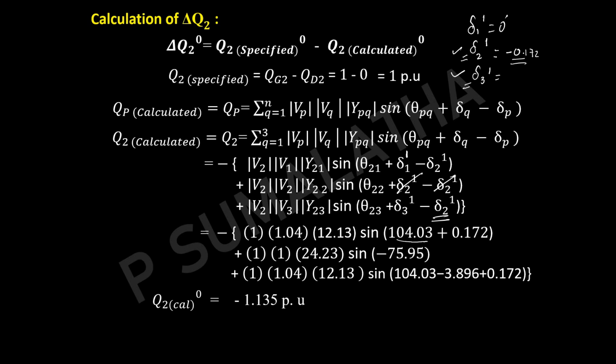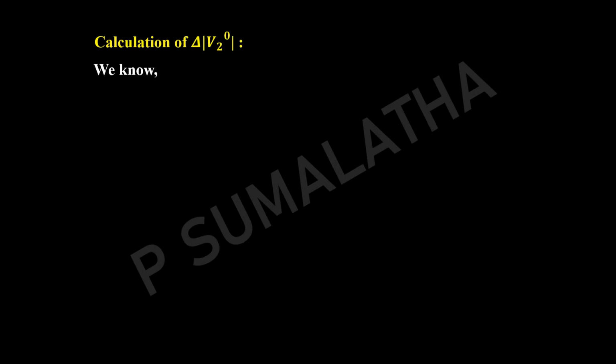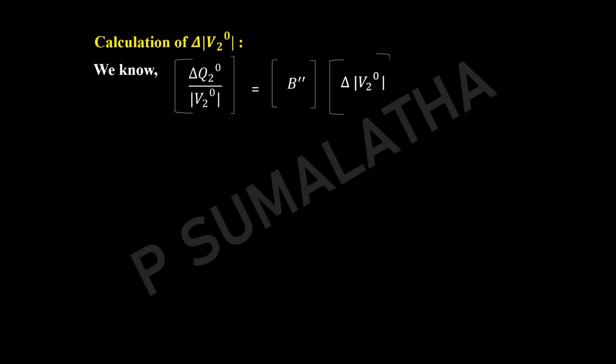So let us substitute the values in delta Q2. So we will get the delta Q2 value as 2.135 per unit. Once you got the Q2 value, then directly you can go for the substitution in the main equation. So we know delta Q by mod V is B double prime into delta mod V2.